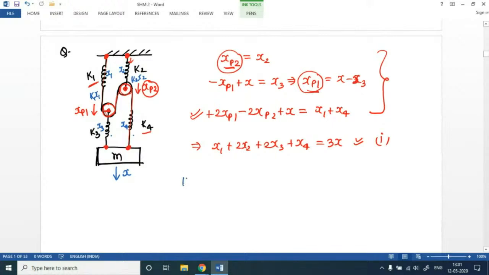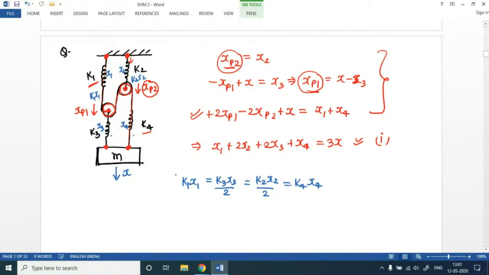So you can clearly see that k1 x1 would be nothing but k3 x3 by 2, which will be equal to k2 x2 by 2, which is equal to k4 x4. You can write it over here. So these are the relationships of forces in the different springs.